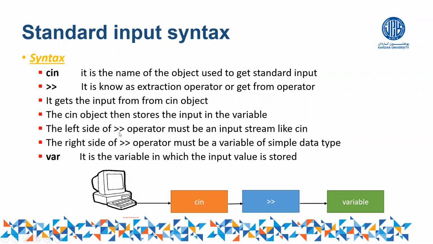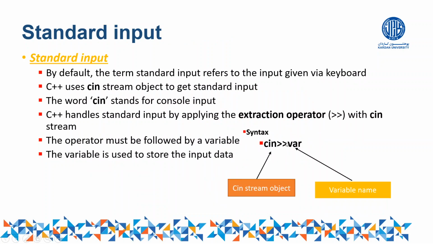So the left side of the extraction operator must be an input stream like cin. Like you can see here, on the right side we have the variable, and on the left side we have the cin object stream.